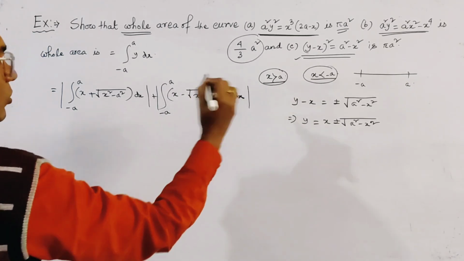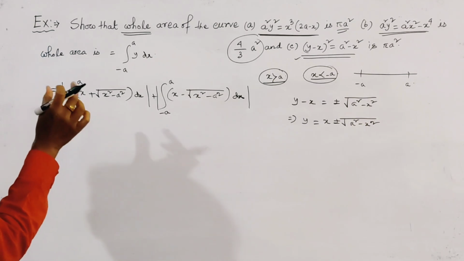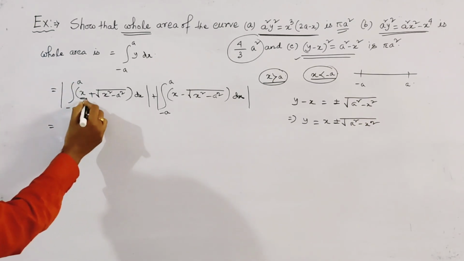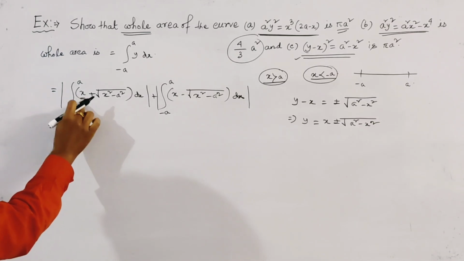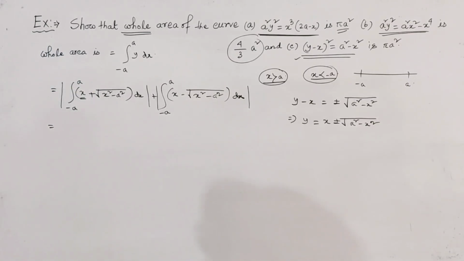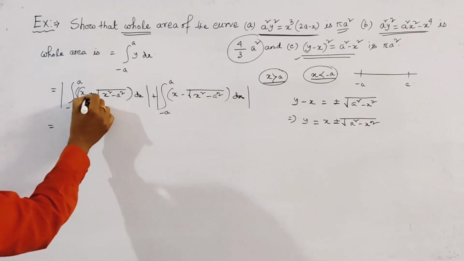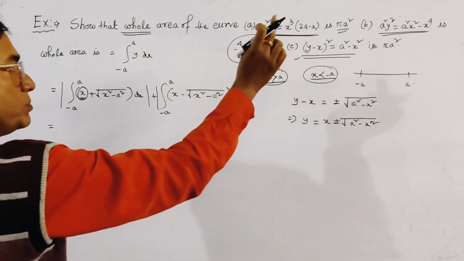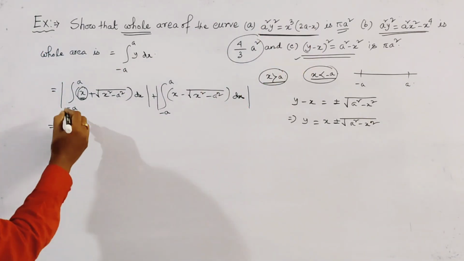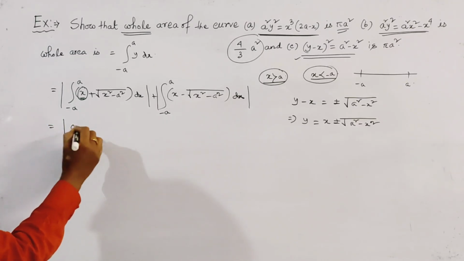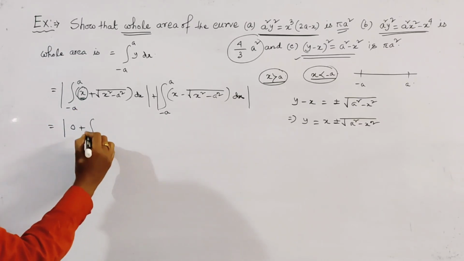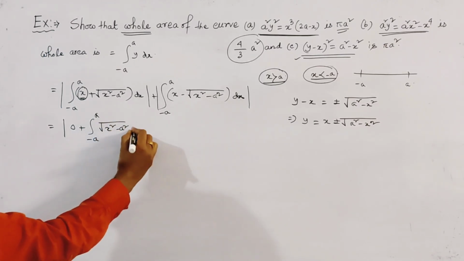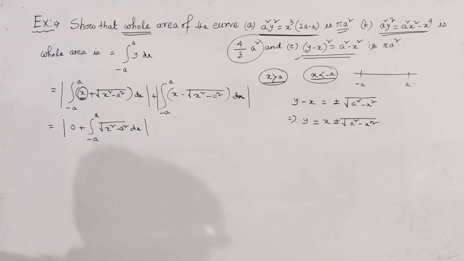Now in the modulus sign, if we write these integrations separately, the first integration is an odd term integration. As in problem number 2, the first integration is 0, and only the second integration remains: minus a to a of root under a square minus x square dx.